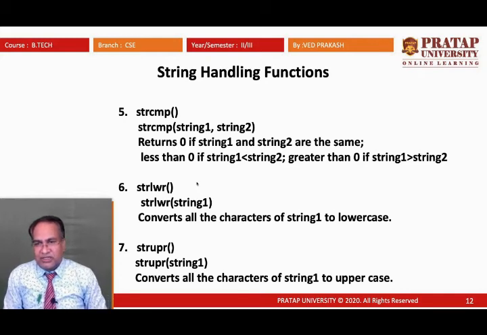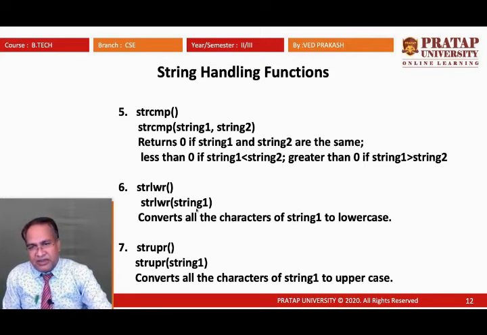The next function is the strlwr function. Such functions are used to provide all the contents of a string in lowercase letters. Suppose this is string 1 and we want to convert all the characters of this string into lowercase letters.